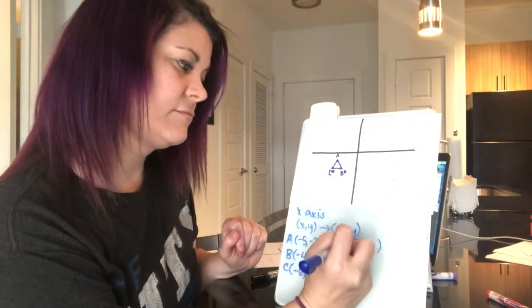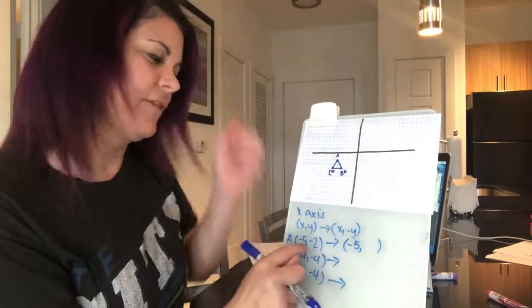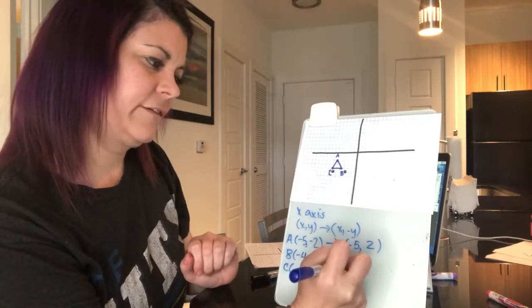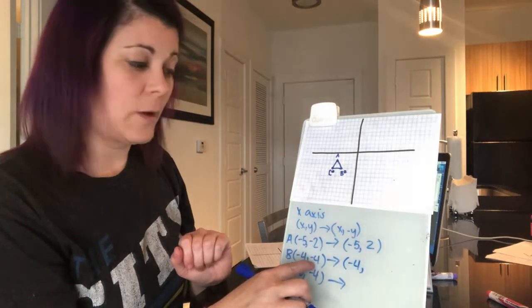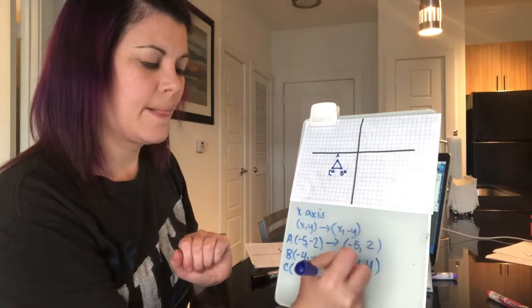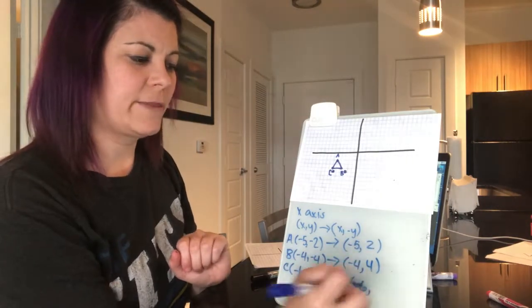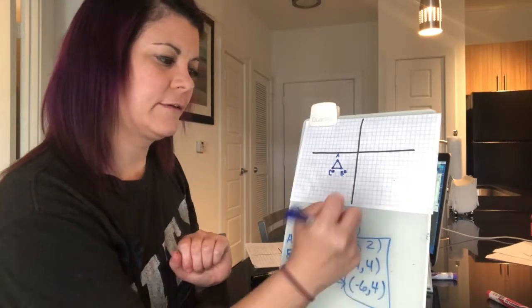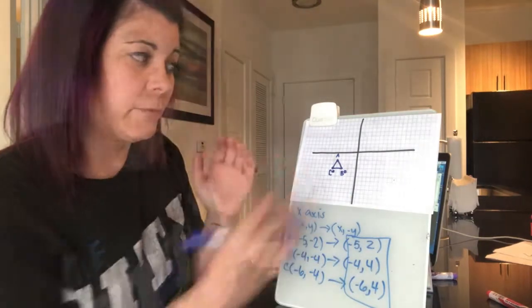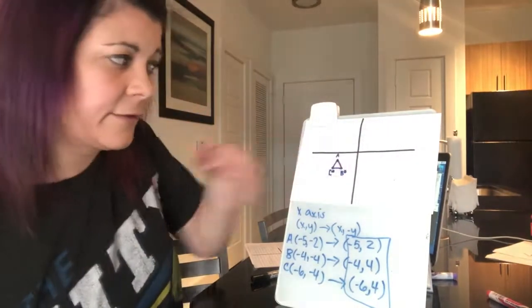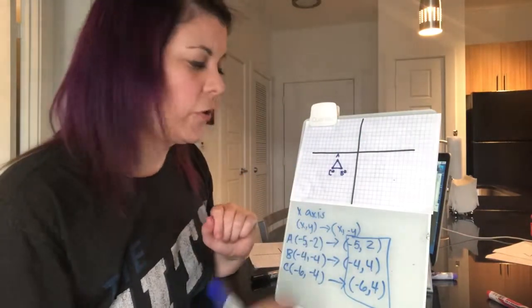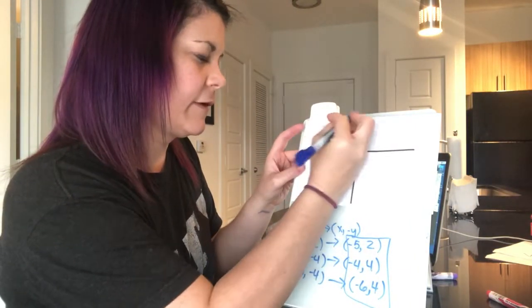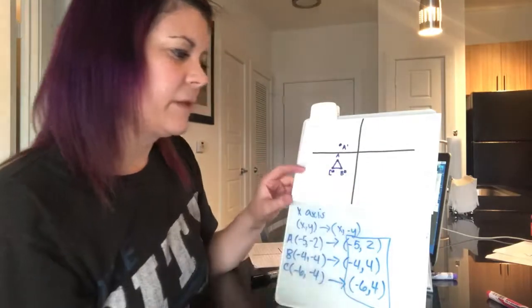We're going to apply the rule where reflecting over the x-axis, the y becomes its opposite. The x doesn't change. So -2, its opposite is +2. The x doesn't change, but the opposite of the y, -4, becomes +4. And again the x doesn't change, and -4 becomes +4. Now we can graph these over the x-axis, the horizontal line. (-5, 2) is right there, so that's A prime.